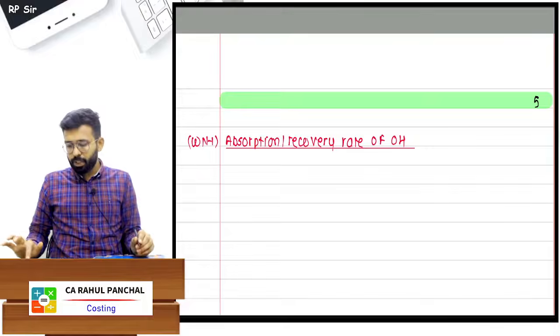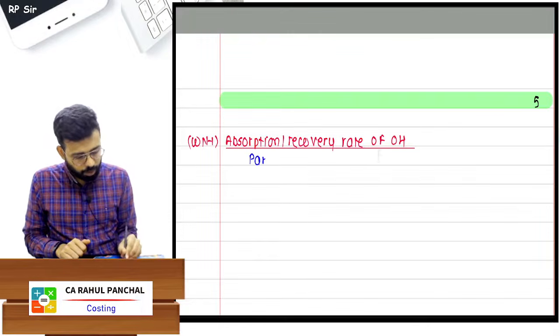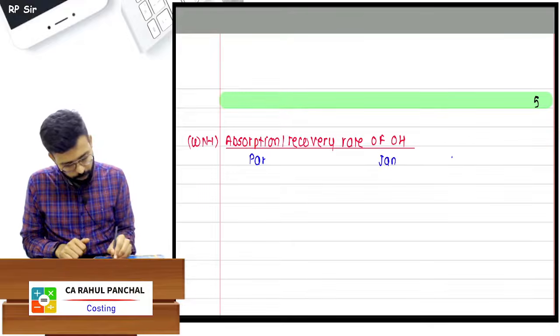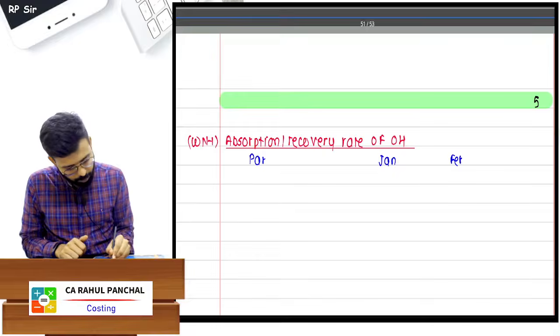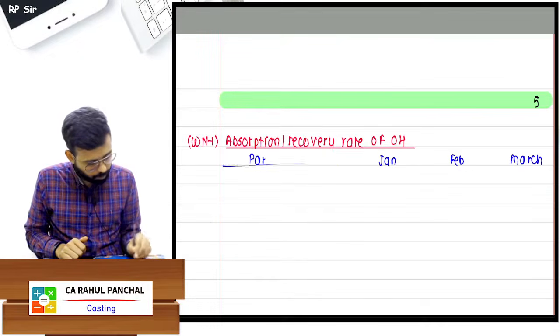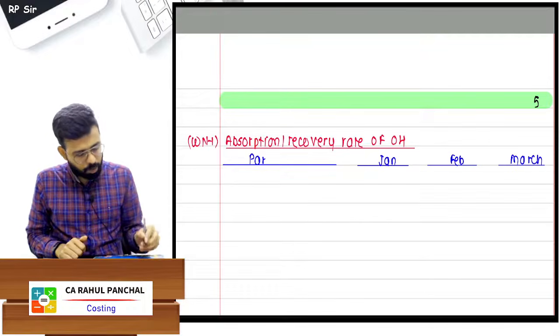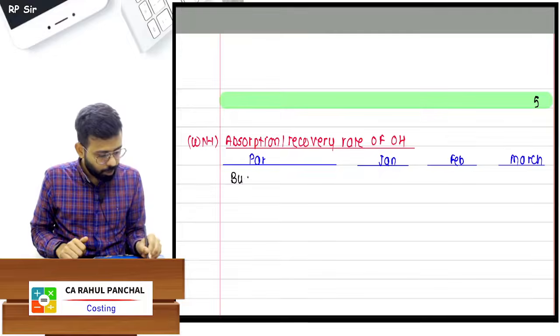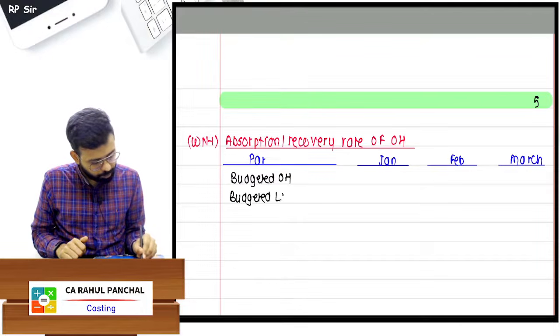So when you see these particulars, there is Jan month, Feb month, and the formula is budgeted overhead divided by budgeted hours, because it is recovered based on hours, so budgeted labor hours.